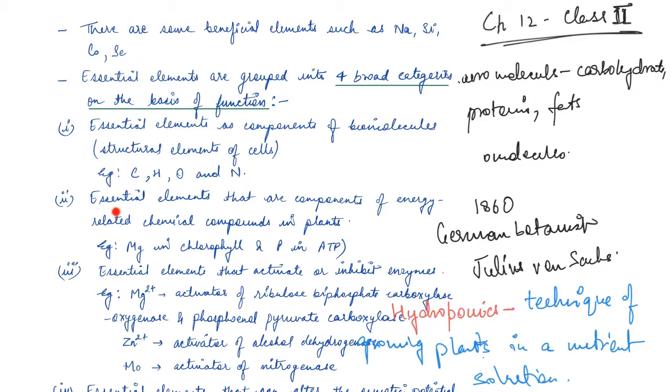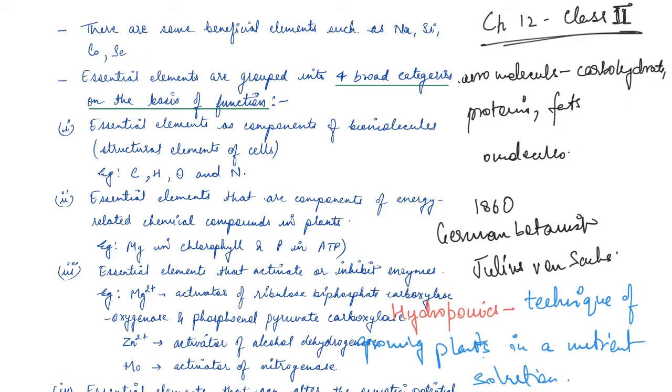Then we have essential element that can be component of energy. So energy related chemical compounds, like we use magnesium in chlorophyll, we use phosphorus in ATP. So these are component of energy. Then third category is essential elements that activate or inhibit enzymes, right?